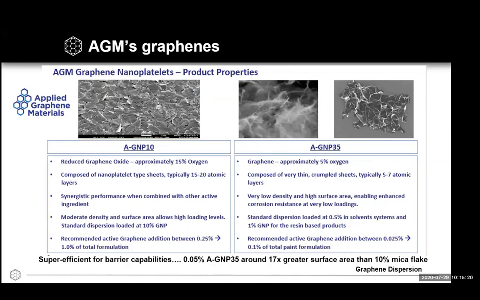So in terms of the particulars of what we manufacture, we're a manufacturer of graphene materials, 2 core types, and then we have a number of other products in the range as well. But just to touch on the difference between 2 different types of graphene. On the left-hand side here, you see very platy material. We actually classify this as a reduced graphene oxide, composed of nanoplatelet plates, relatively thick, around 15 to 20 atomic layers.